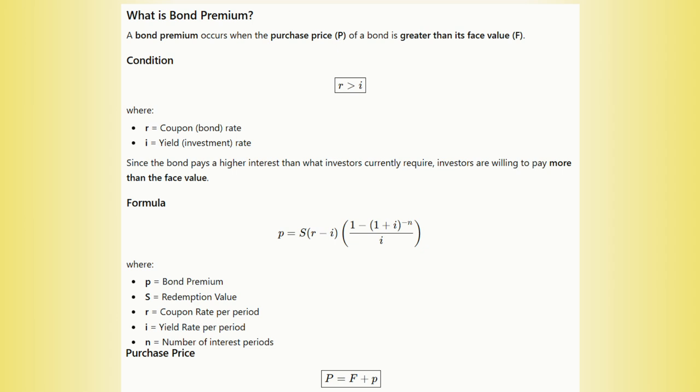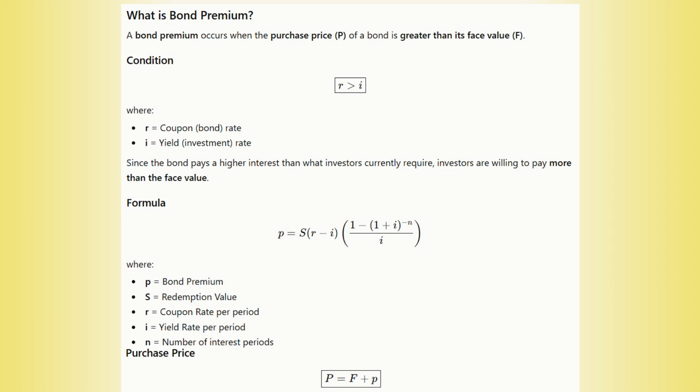Now, someone wants to buy the ticket from you, and bibilhin niya yung ticket mo ng 1,500. Now, the 1,500 is the purchase price, di ba? So, meaning, mas malaki yung purchase price kaysa sa face value. Meaning, naka-income ka if ibibenta mo. May 500 pesos ka. That is the bond premium.